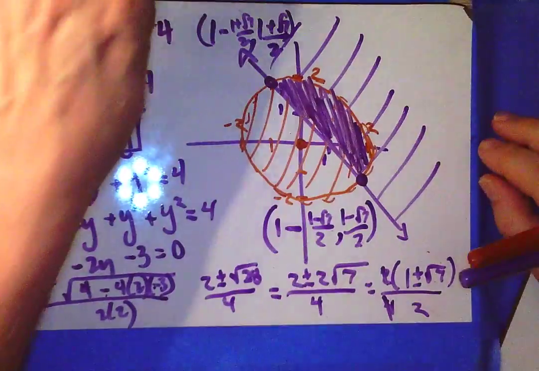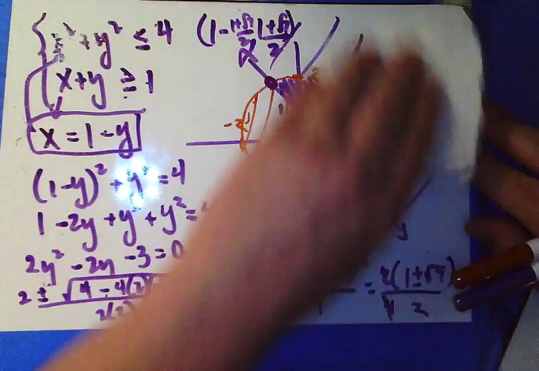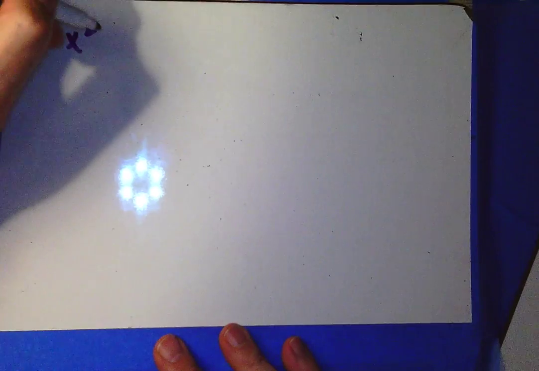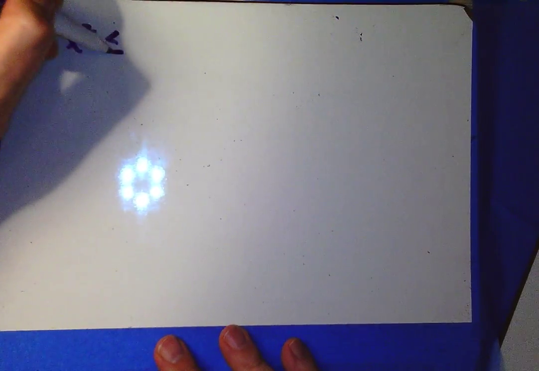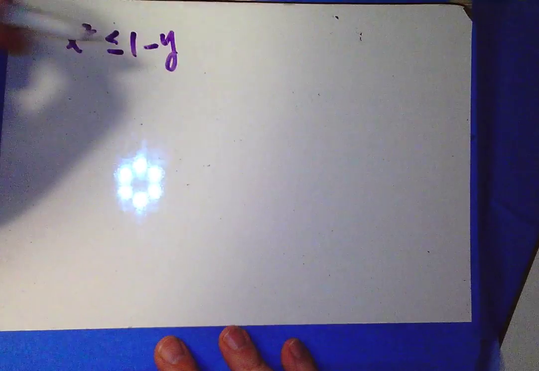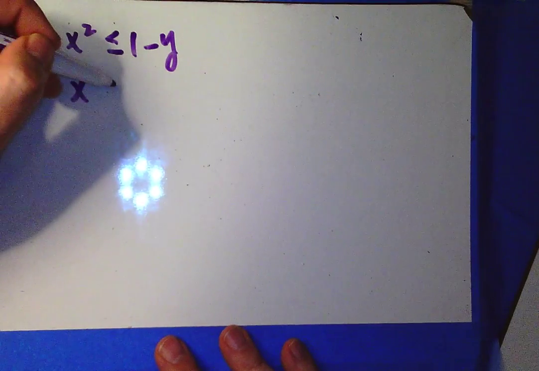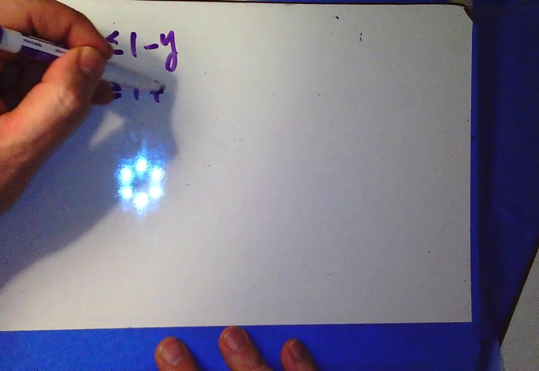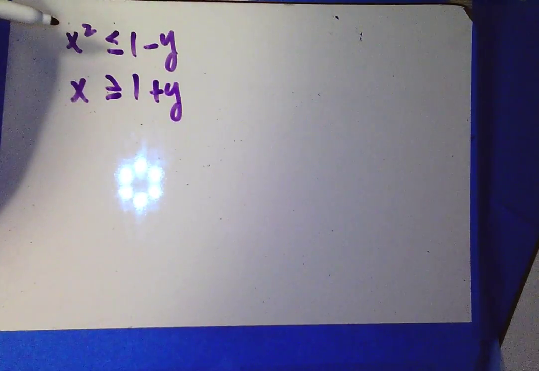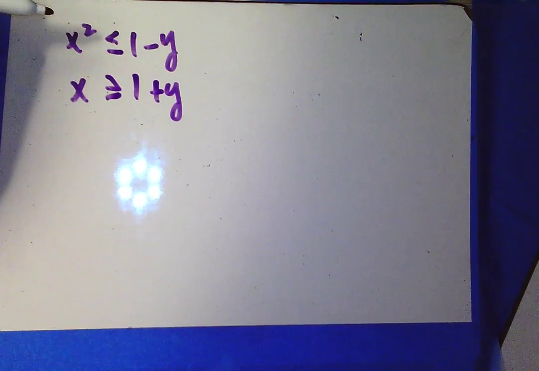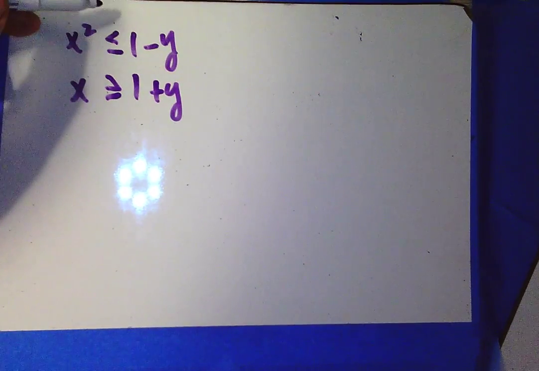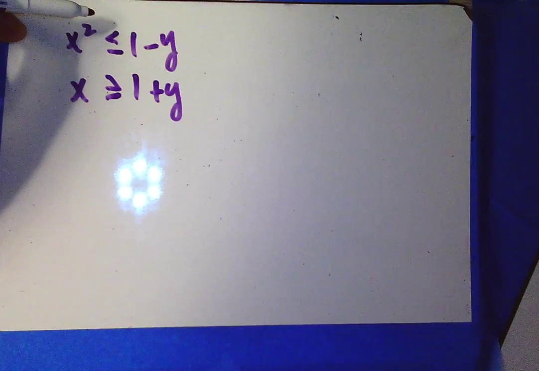Okay, let's do another one of those. So first, how about x squared is less than or equal to 1 minus y, and x is greater than or equal to 1 plus y. Well, the first thing I think about here is graphing each of these.